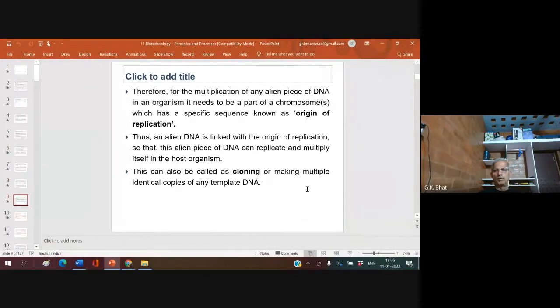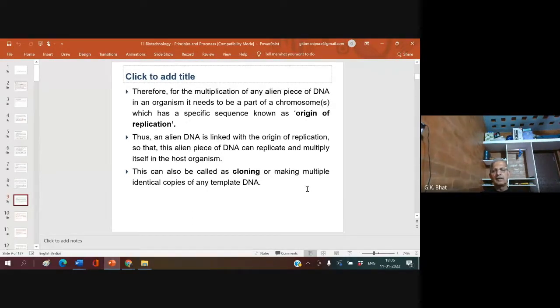Now, for the multiplication of any alien piece of DNA, meaning any DNA which you have chosen to introduce into the host, it needs to be a part of a chromosome, or a part of DNA which has a specific sequence known as the origin of replication.